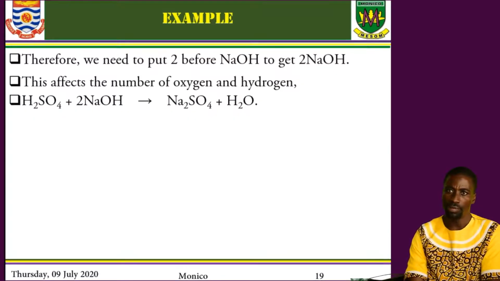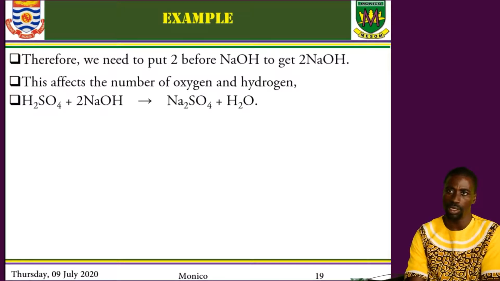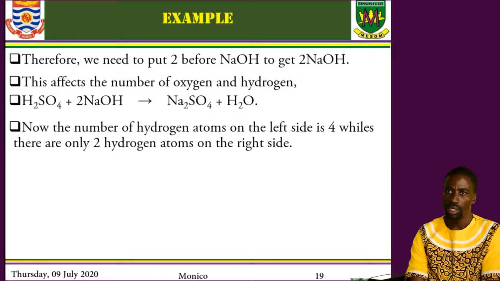So I have my H2SO4, 2NaOH, giving us Na2SO4, H2O. What's next? I now look at it, and the number of hydrogen atoms on the left is now 4. So now I have 4 hydrogen against 2. So what do I do?